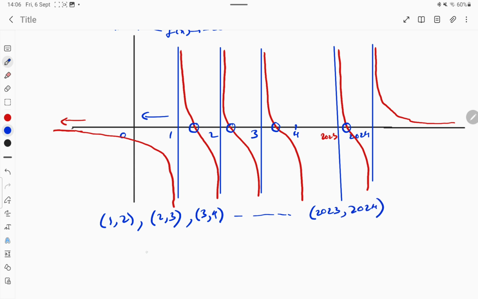So the number of times the graph of f of x intersects the x-axis is 2023. So the number of solutions would be 2023. Thank you.